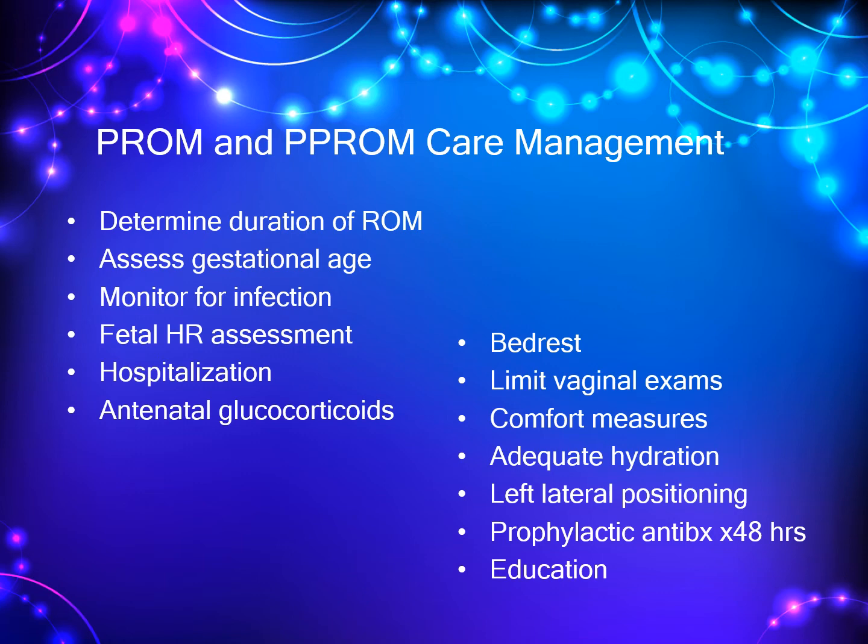We need to assess the gestational age of the fetus, of course. Monitor for infections, so we'll be looking at the white blood cell count, the temperature, heart rate, and the character of the fluid. Right? Of course, we'll be doing fetal heart rate monitoring.